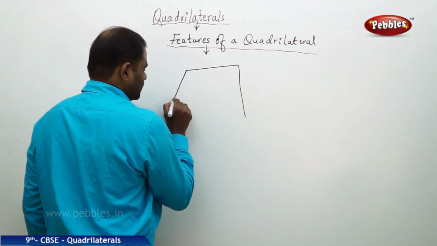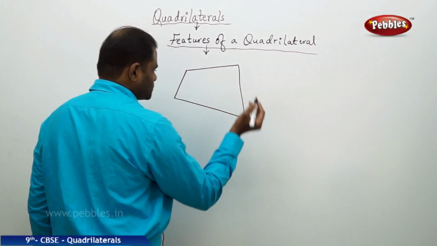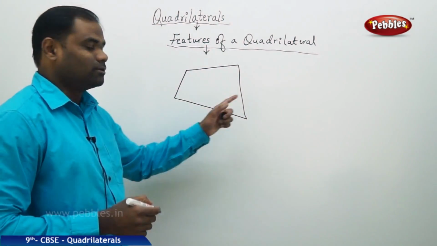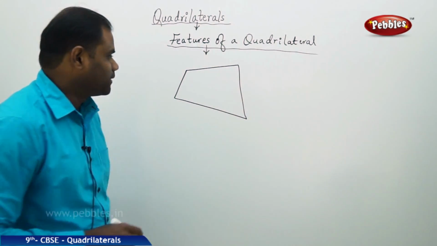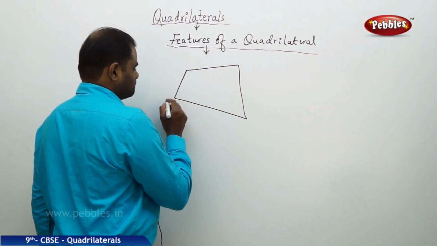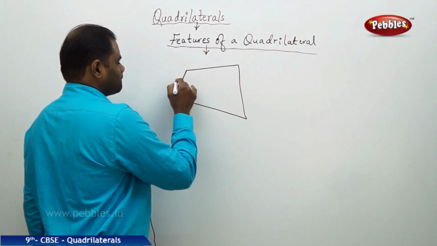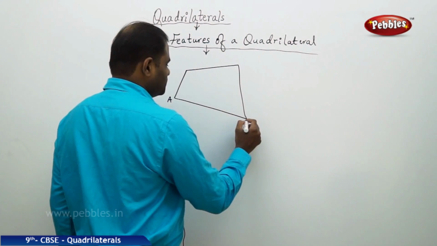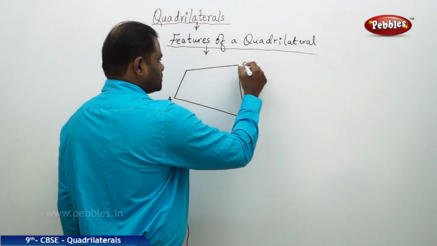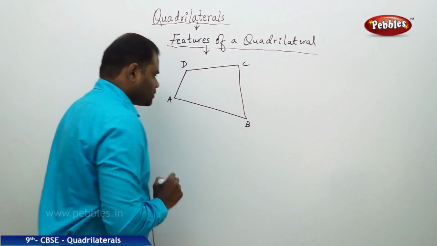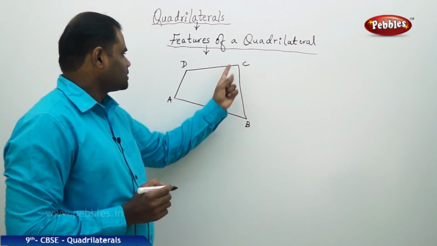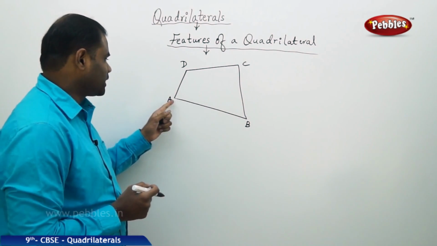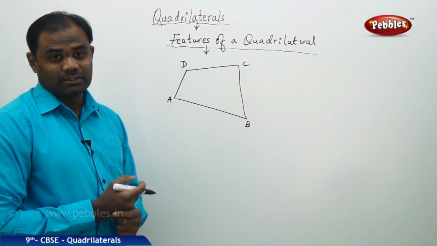For example, I have a quadrilateral of these 4 straight lines which form a closed region. Let me denote this quadrilateral with A, B, C and D. So here the points A, B, C and D, where the quadrilateral turns or where 2 straight lines meet, are called vertices.